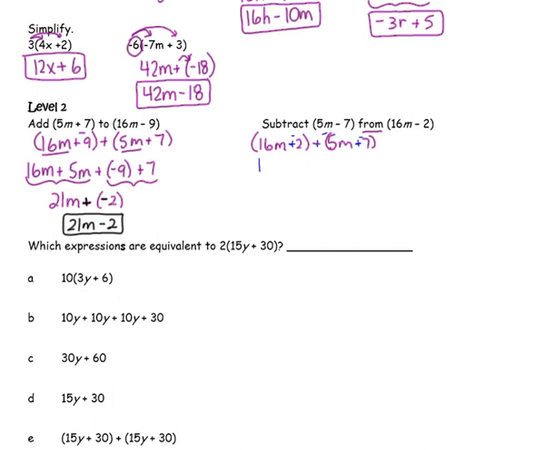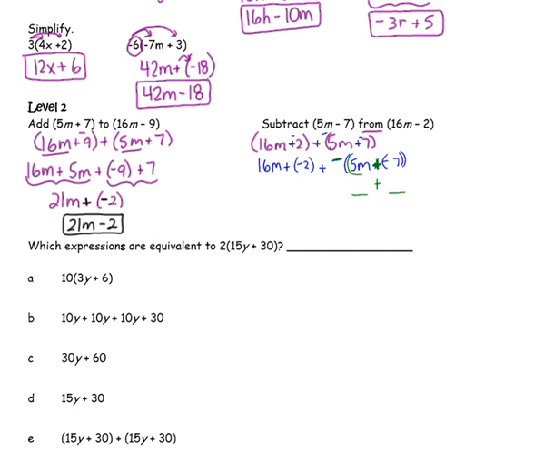So now I have 16m plus negative 2 plus the opposite of 5m plus negative 7. Notice now the opposite of a sum. The opposite of a sum is the sum of its opposites.